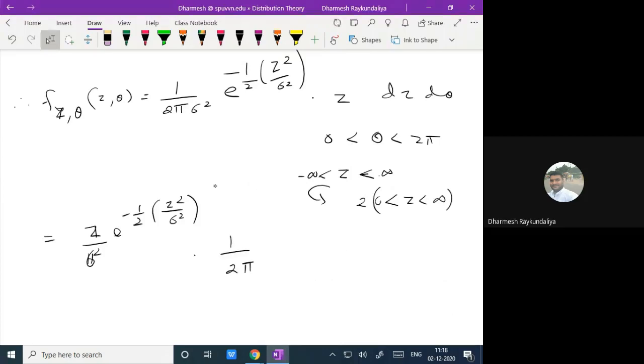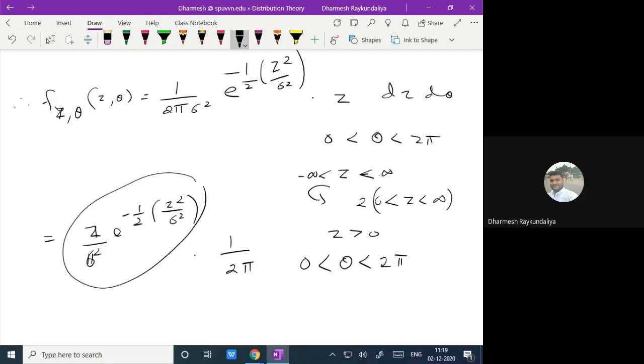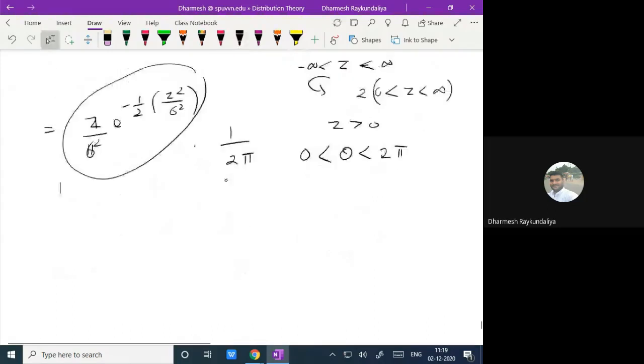And here it is given that z is greater than 0 and theta lies between 0 to 2 pi. So what is the distribution of z? z is nothing but Rayleigh with sigma square. And what is the distribution of theta? Here it is 1 upon 2 pi.